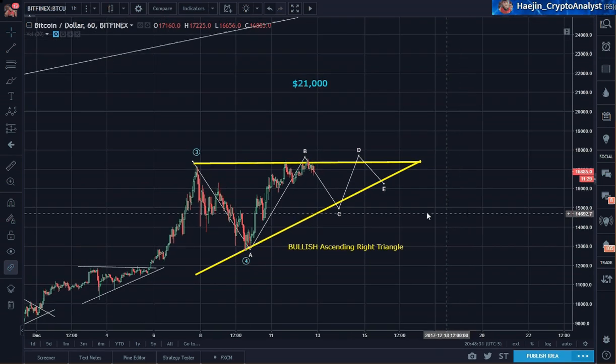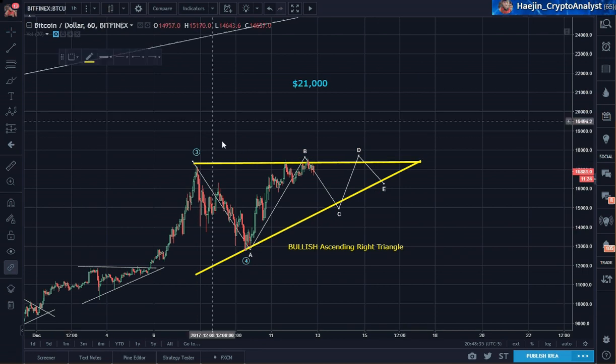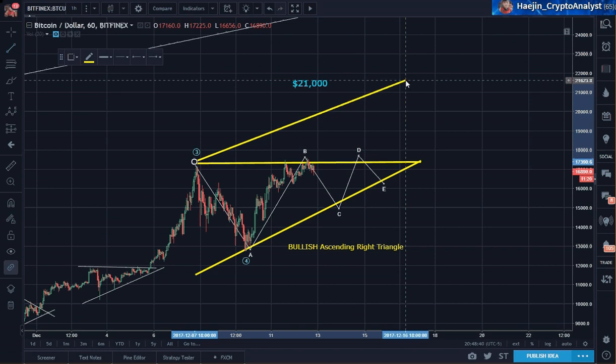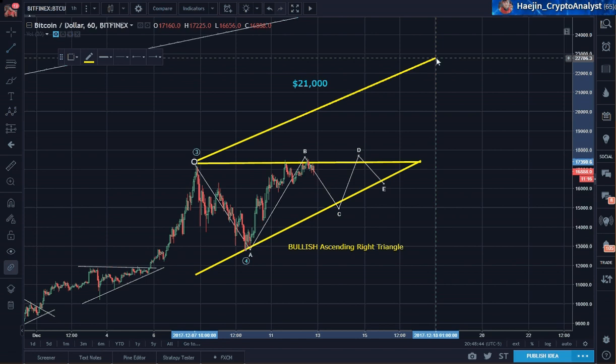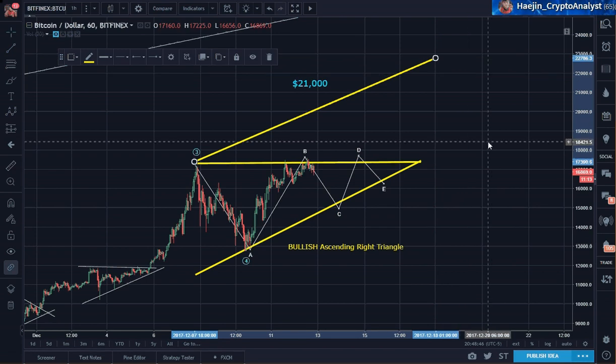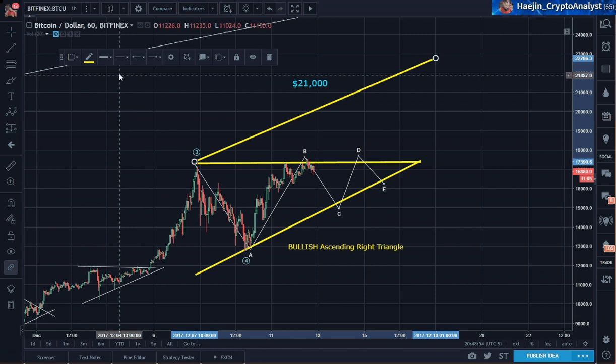Now let's calculate the minimum price one-way target for this. I do it the old-fashioned way, from when I learned it in 1997, when I first bought the 7th edition of the Stock Trend Analysis book by McGee. And this is how I learned it in the 7th edition.